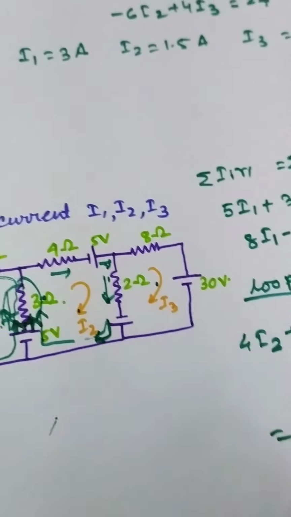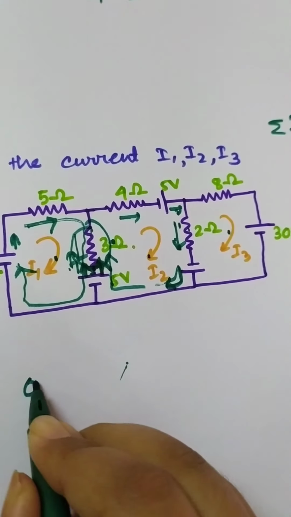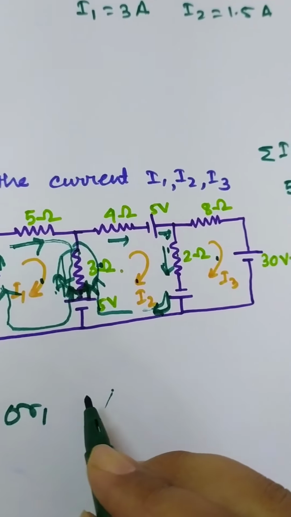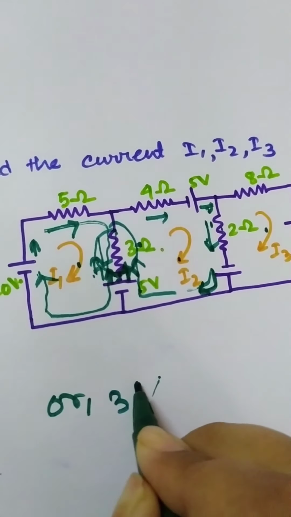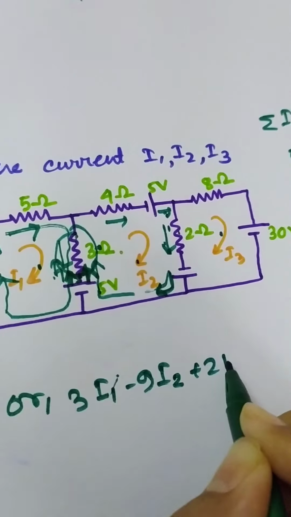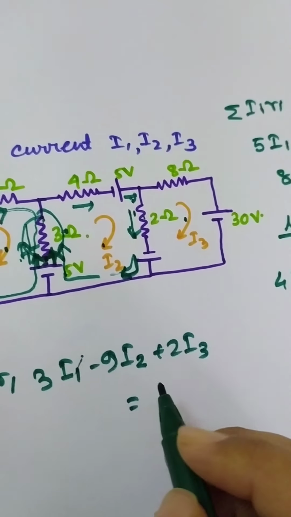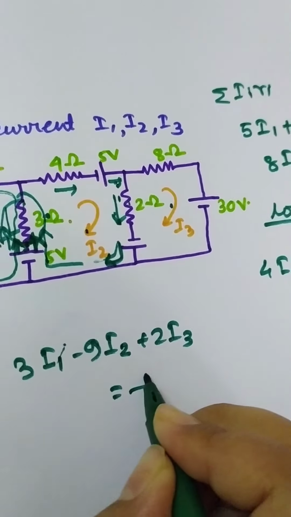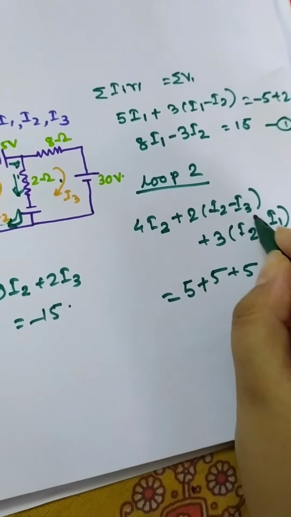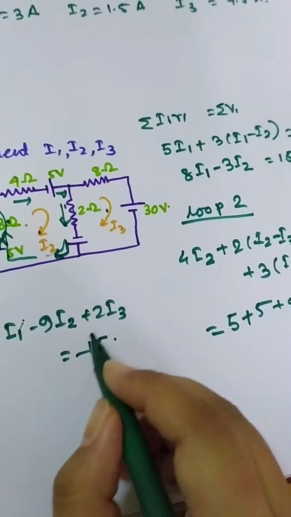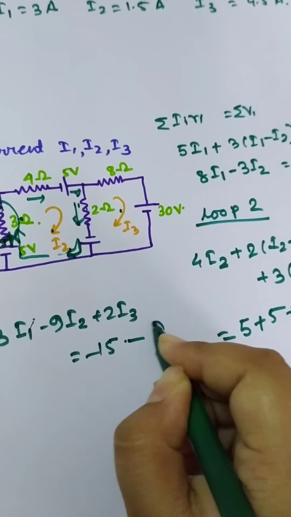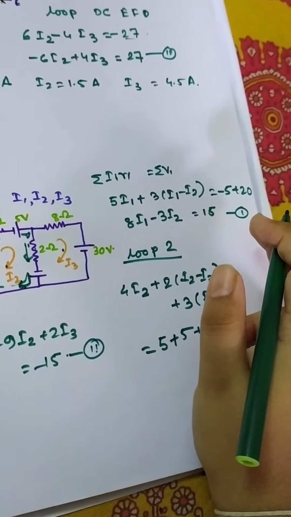Okay, so this is our total equation. So we can write the equation clearly: 3 I1 minus 9 I2 plus 2 I3 equal to minus 15. Actually we calculated this as plus 15, but here minus is there. So this will be equation number 2.